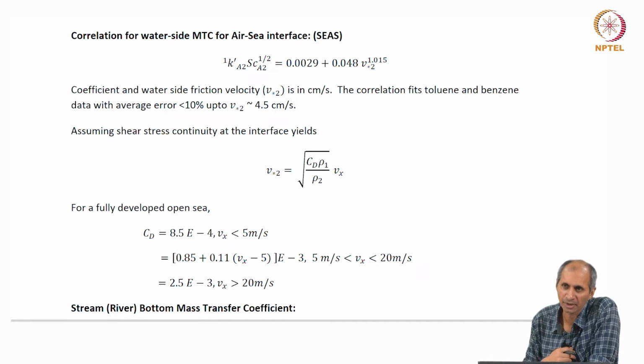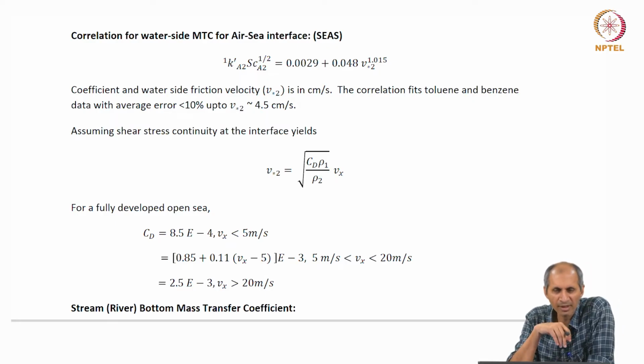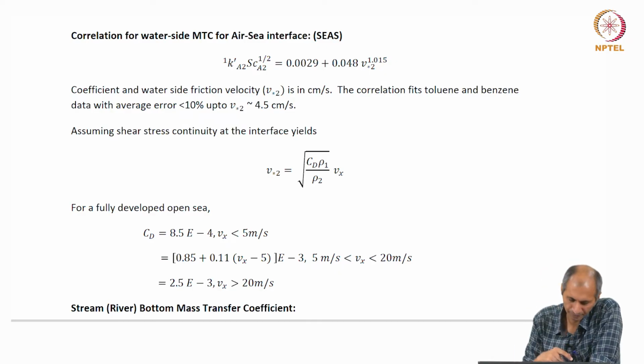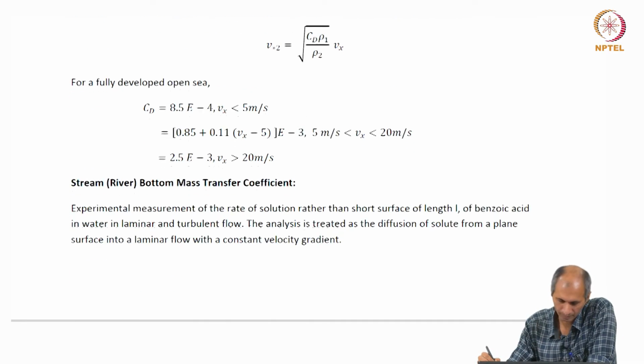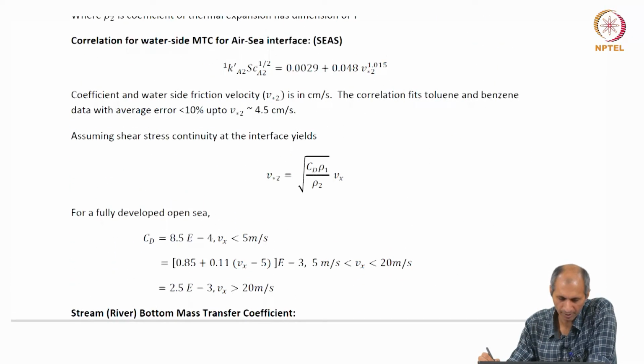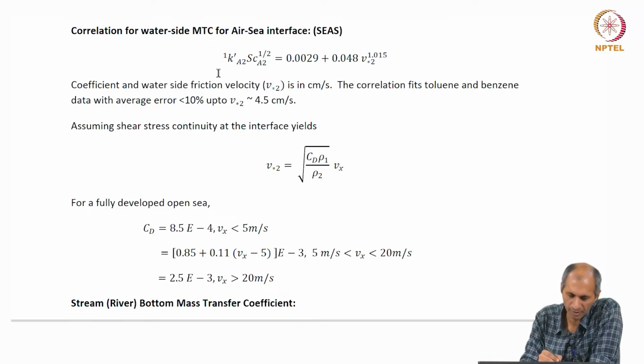People have measured these correlations, and whatever correlation is there, you have to find out how the experiment has been done, so that you can see if it fits your requirement, okay. And this is for the water side mass transfer coefficient, which is Ka21.